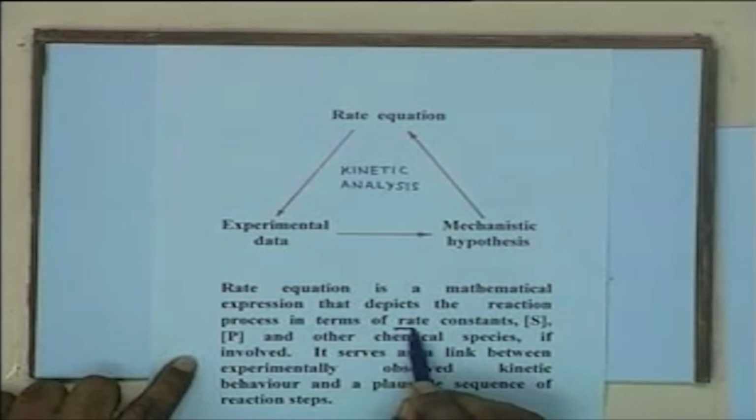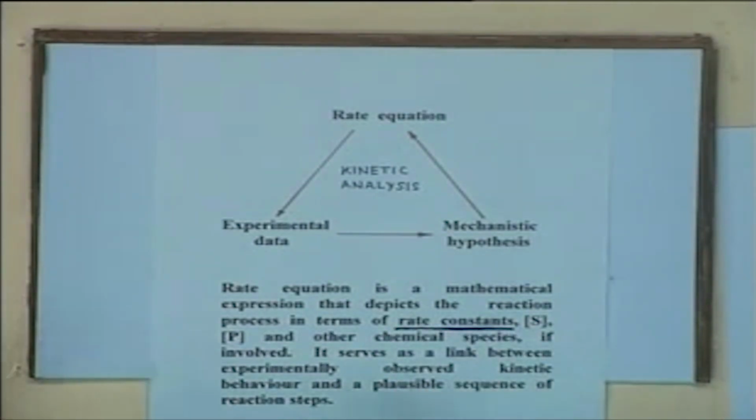Now, in very simplistic terms, the rate equation is a mathematical expression that depicts the reaction process in terms of rate constants. We must appreciate that the rate equation has a new dimension in terms of rate constants. A large number of rate constants might be involved depending on the number of reaction sequence steps, and of course the substrate, product and other chemical species if involved.